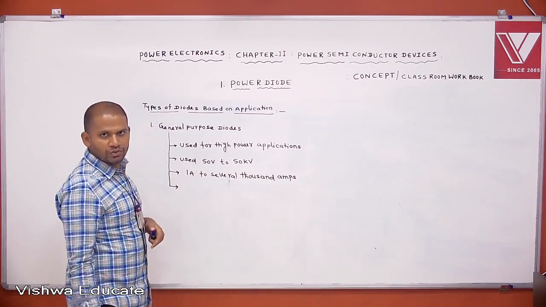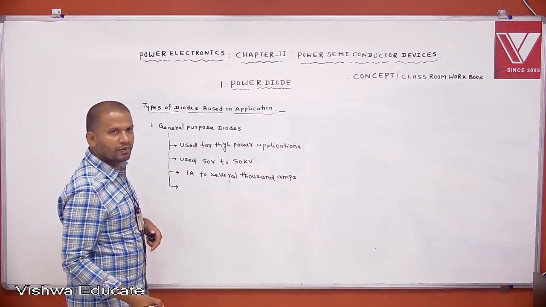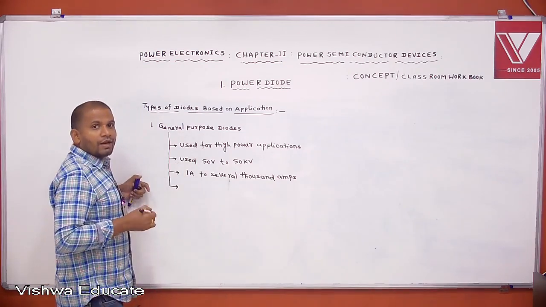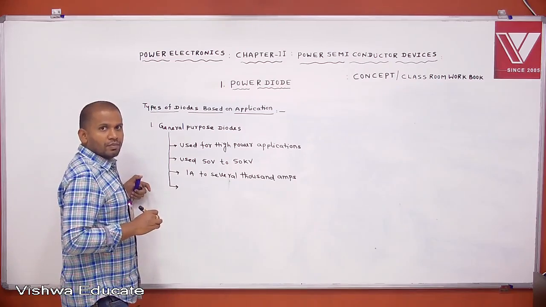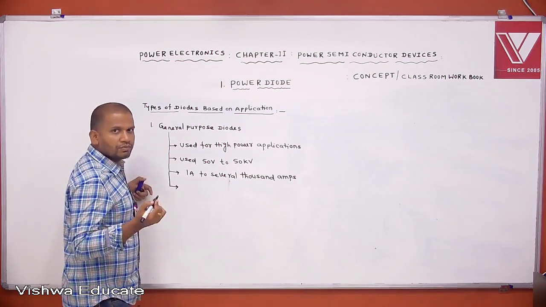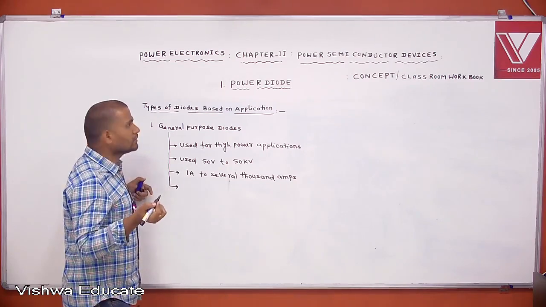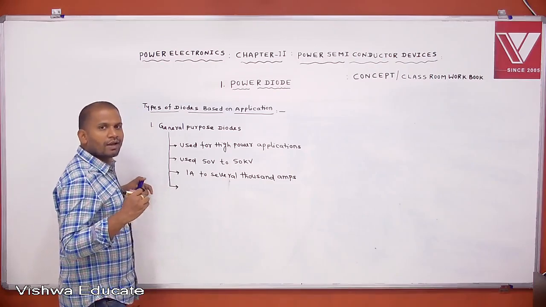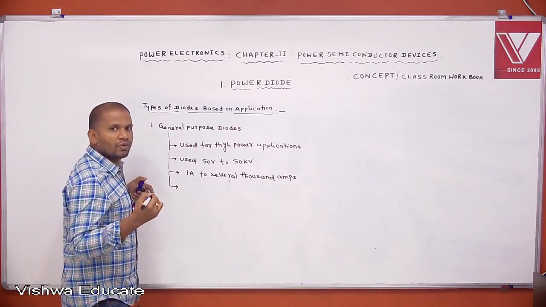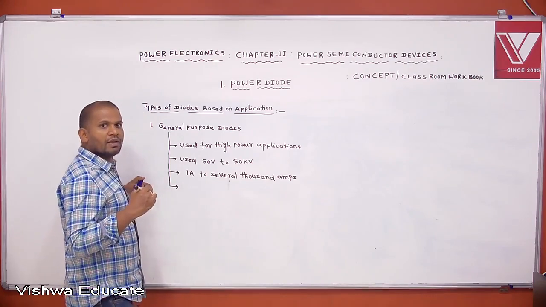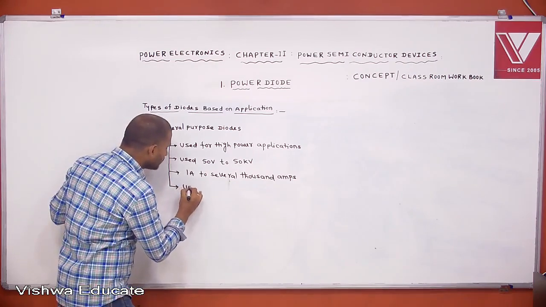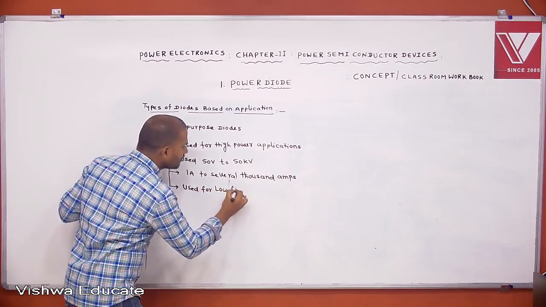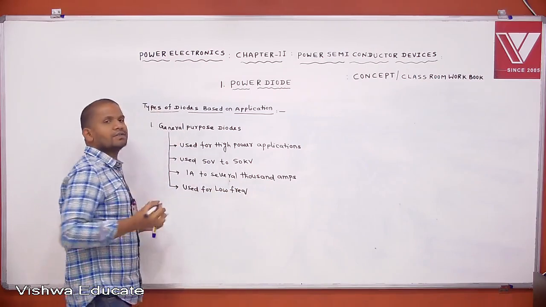For these diodes, the turn off time is nearly equal to 50 microseconds, hence they are used for low frequency applications.